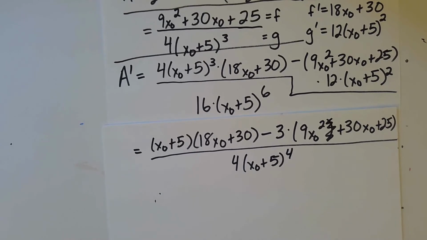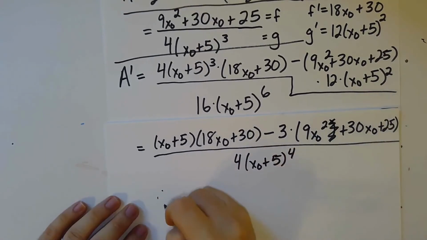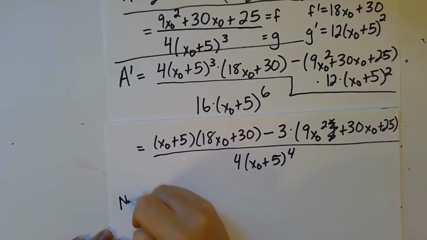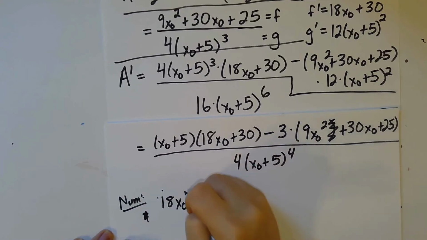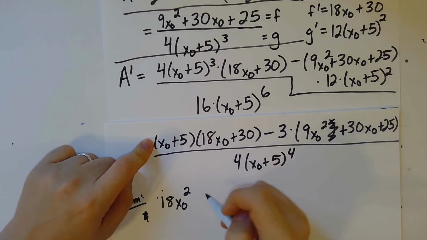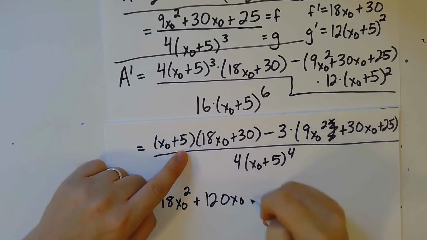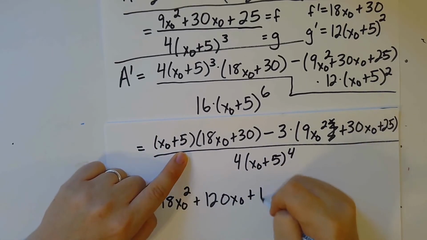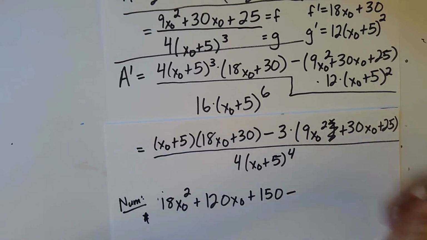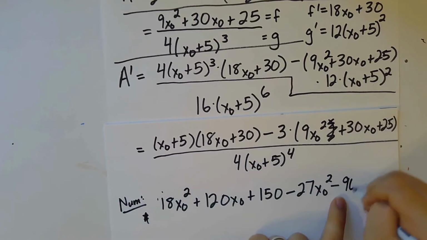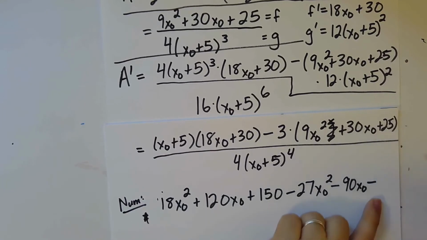And upon doing that, I'm going to get 18x naught squared plus 120x naught plus 150 minus 27x naught squared minus 90x naught minus 75.